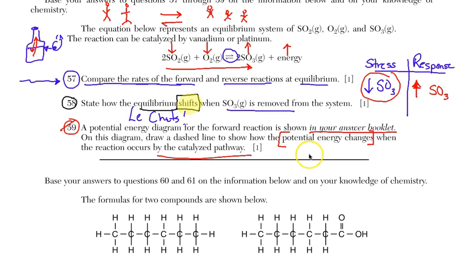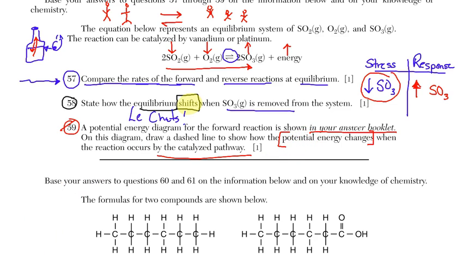The catalyst, as you know, speeds up a reaction by making a new pathway, and it lowers the activation energy. So this could be a multiple choice question as well. And they could say, what happens when you add a catalyst? You lower the activation energy. Except in this question, they want you to draw the lowered activation energy.